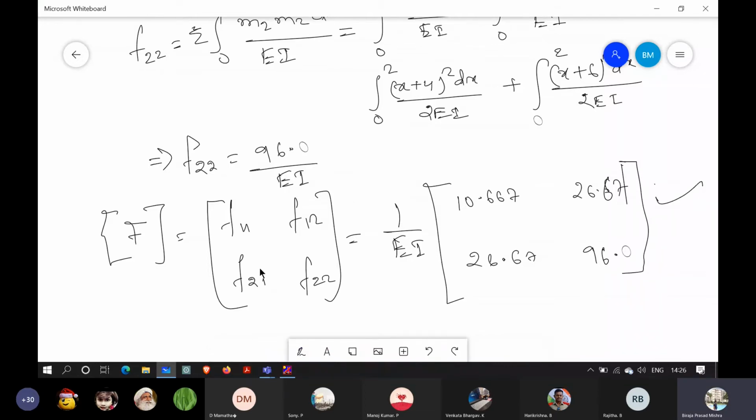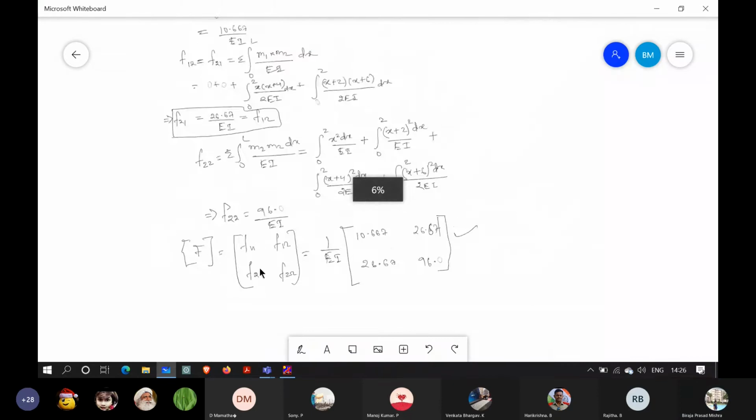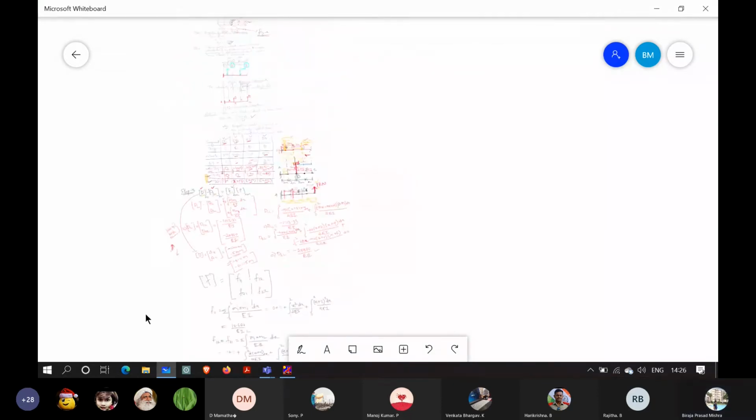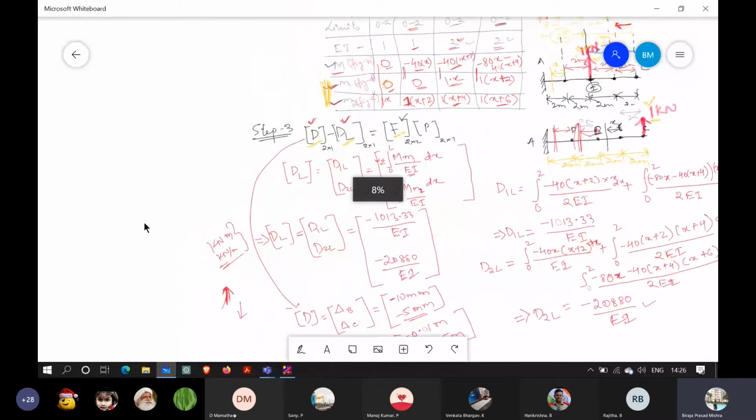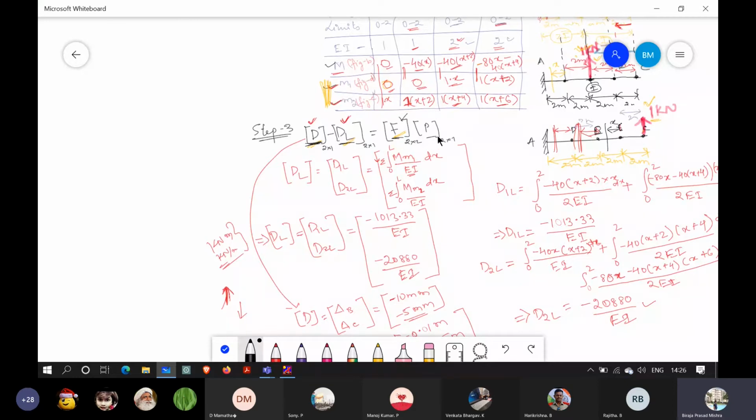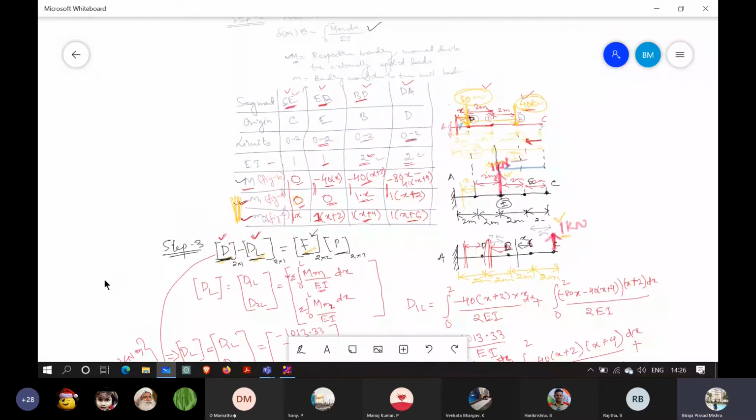Okay, so we have calculated d, dl, f. Now what is this p? This p is the load vector, and this load vector is the redundants which we have taken. Who can tell what are the redundants we have taken?